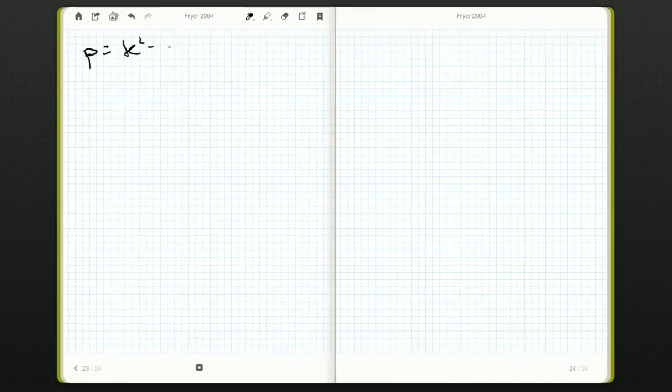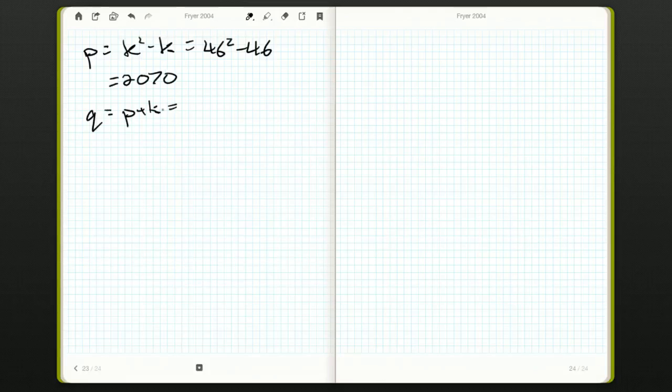P is equal to k squared minus k. 46 times 46 is 2,116 minus 46. That's 2,070. That's p plus k. So we're going to be looking at the 2070th triangular number.